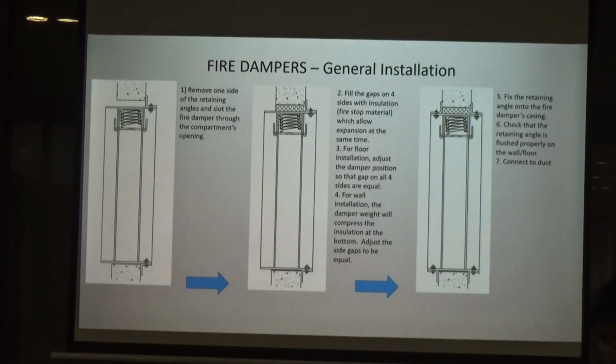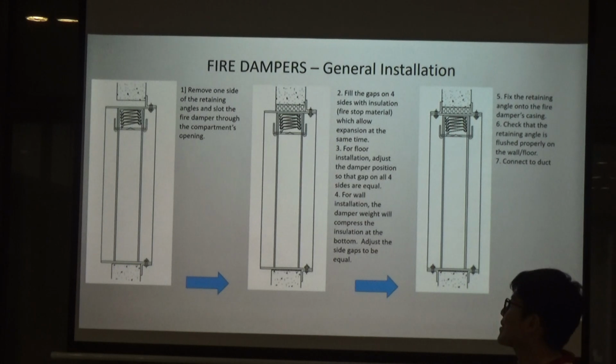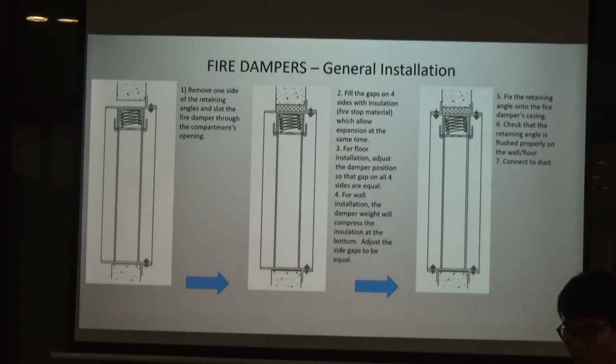Okay, so this is the general installation procedure. Normally we supply the fire damper with the retaining angles on. So they have to remove one side of the retaining angle, then from one side they slot the fire damper through the opening.